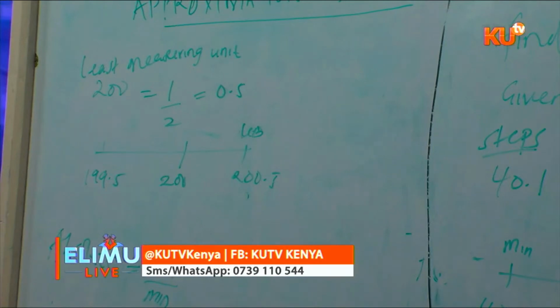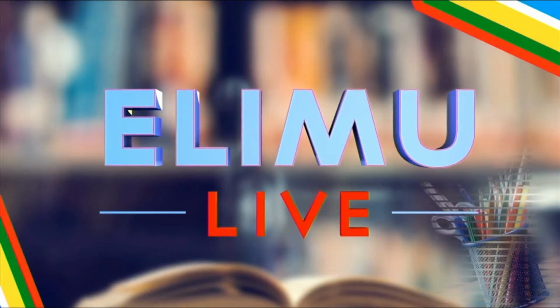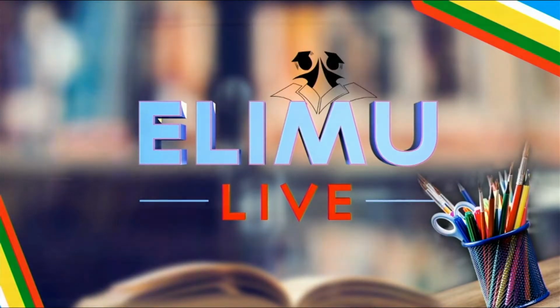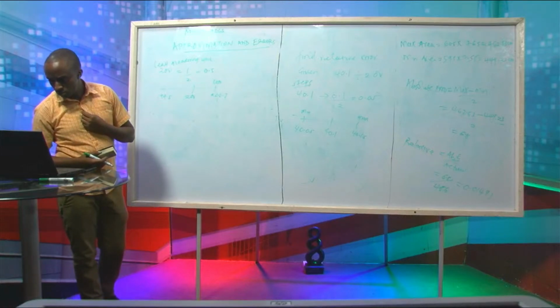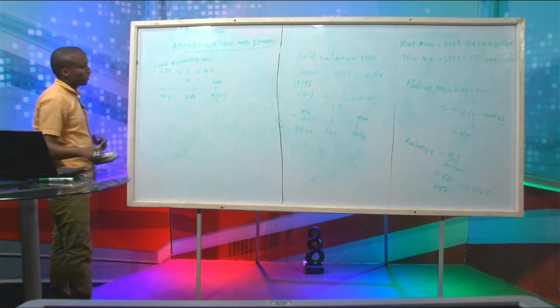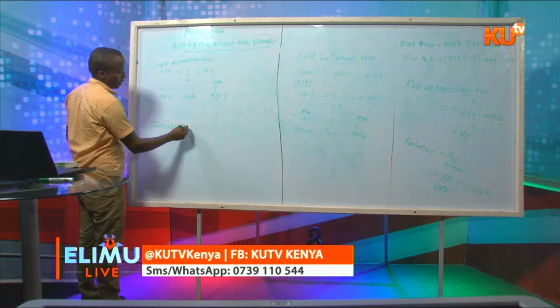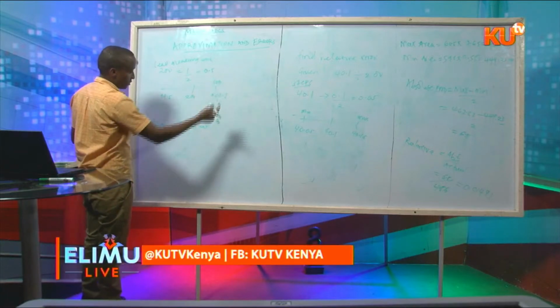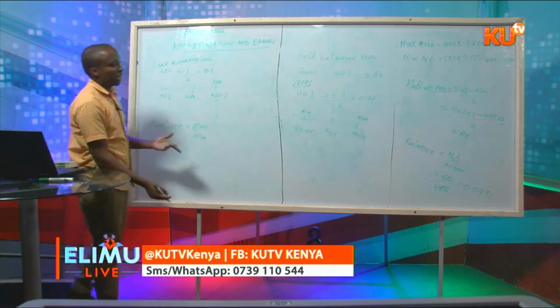We want to find the absolute error. The absolute error is maximum. I've said just division because our sum is very simple. Maximum divided by minimum.